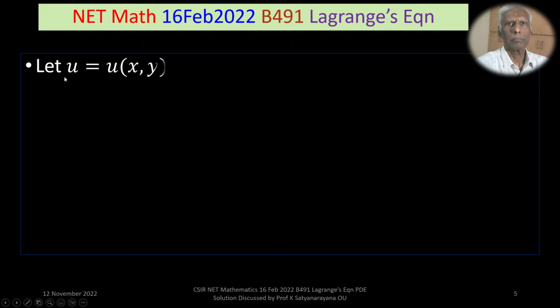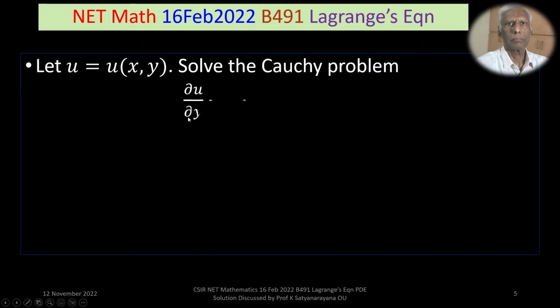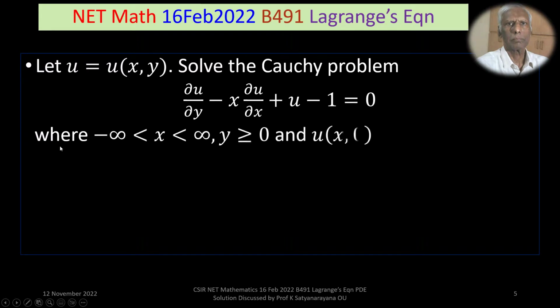The problem is: let u is equal to u of x comma y. Solve the Cauchy problem del u by del y minus x into del u by del x plus u minus 1 is equal to 0, where minus infinity less than x less than infinity, y greater than or equal to 0, and u at x comma 0 is equal to sin x.